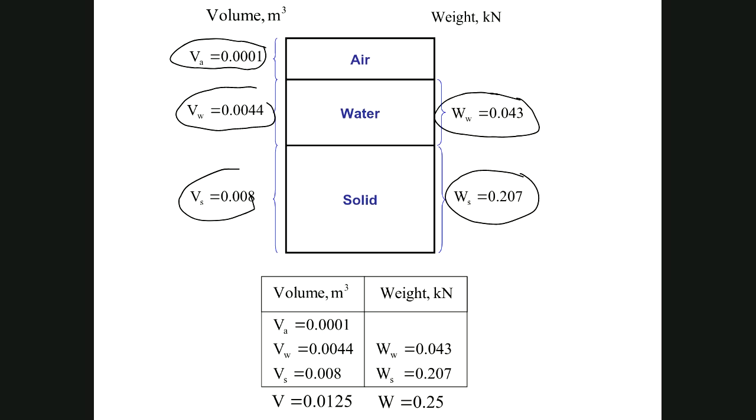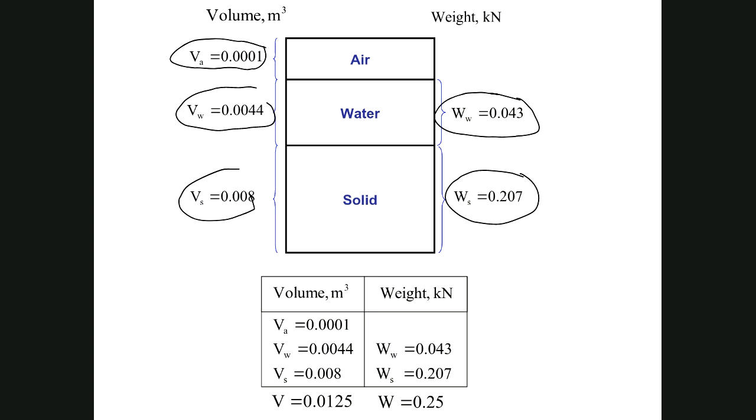Okay, can you look at this slide and tell me what is going to be the volume of voids? Volume of voids. Just type in the number. 0.0045. Yeah, that's correct. There is no mass of voids, yes, but for volume, there is always volume.